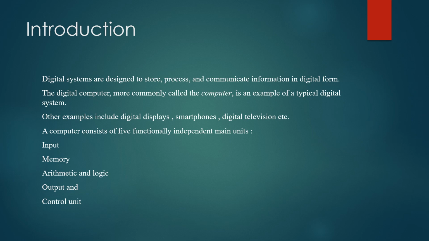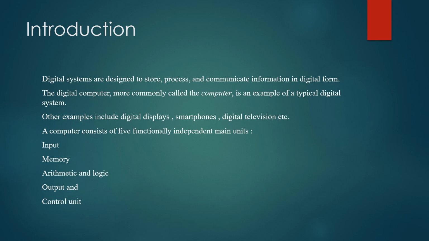Now let us understand the various functional units. A computer is not a single unit, but consists of many functional units. A computer system consists of five main components: input, output, memory, arithmetic and logic unit, and control unit.